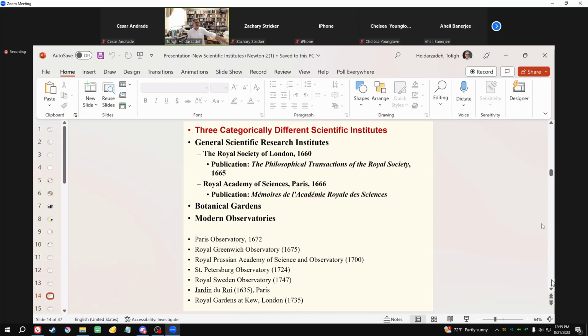And they published the first scientific journal in the history of humankind, the Philosophical Transactions of the Royal Society of London, which was published in 1665. I encourage you to go to the library homepage, and there under databases find JSTOR, or you can directly go and find this Philosophical Transactions of the Royal Society.